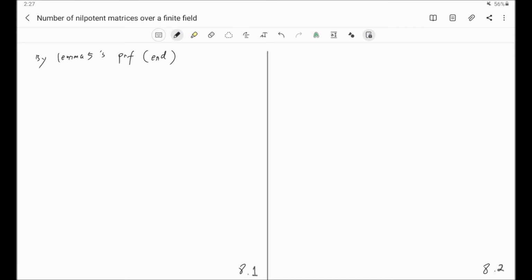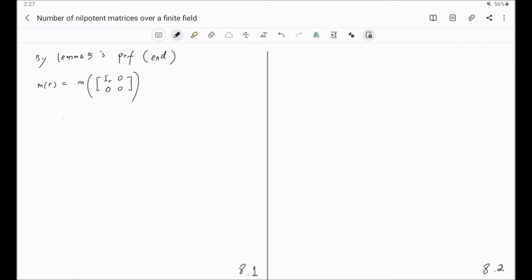So this tells you that M of r is equal to M of this block matrix I_r 0, 0, 0, where this I_r is the identity matrix r by r.